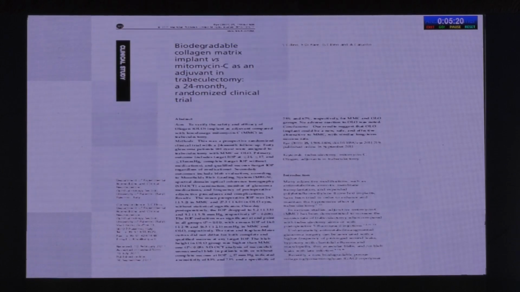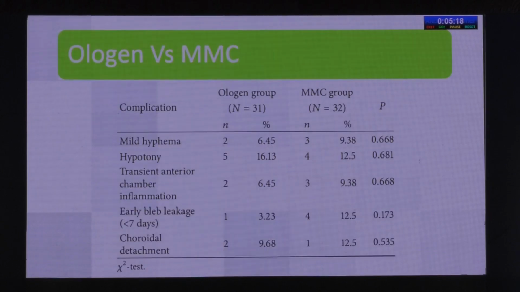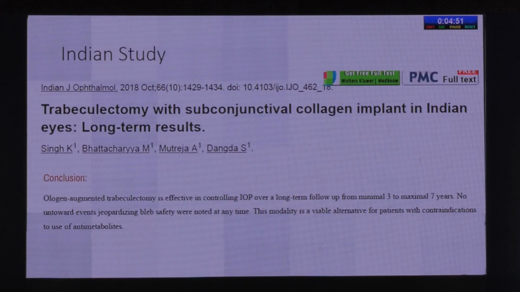Various studies are available, and at our center also we have done a comparative analysis of both groups, the Ologen group and the mitomycin C group, and what we have found is that it is good in reducing the intraocular pressure. There is some advantage of Ologen over mitomycin C: the shallowness of the chamber is less, the bleb is more thick-walled and diffuse, and there is less incidence of bleb leakage also.